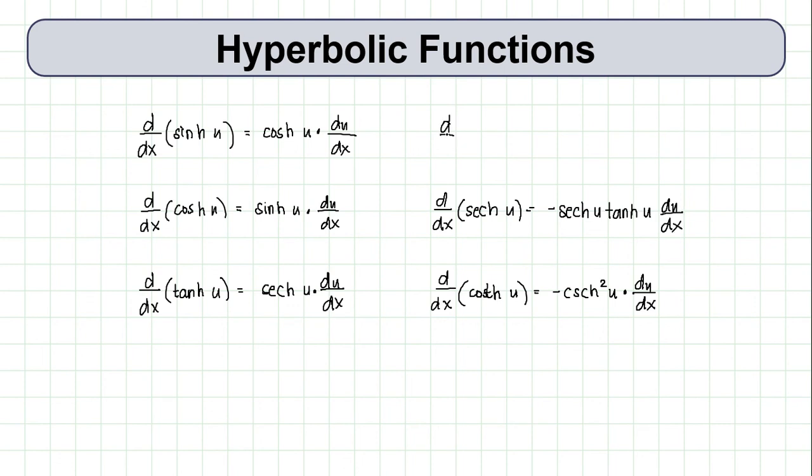And for the derivative with respect to x ng cosecant, hyperbolic cosecant of u equal naman yan sa negative hyperbolic cosecant of u times hyperbolic cotangent of u times du dx.